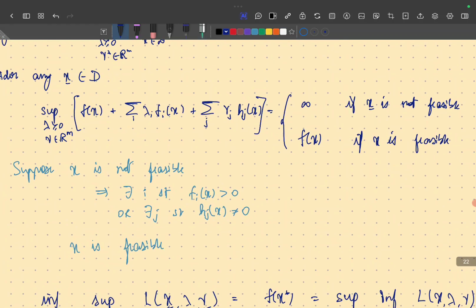One is that if I first take the supremum with respect to lambda and nu, then I get the extended value function corresponding to the constrained optimization problem. So it's equal to f of x if x satisfies the constraints, and it's equal to infinity otherwise. And therefore, the unconstrained minimization of this particular function gives me the constrained minimizer.